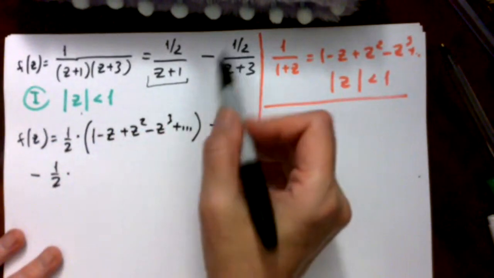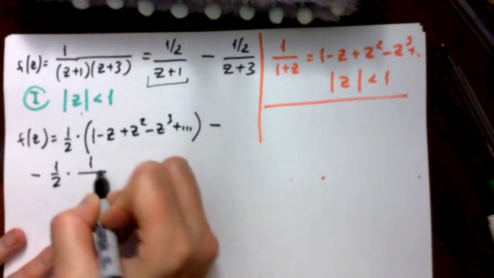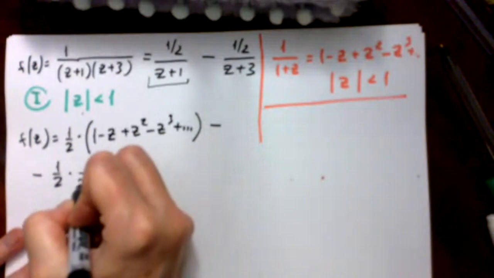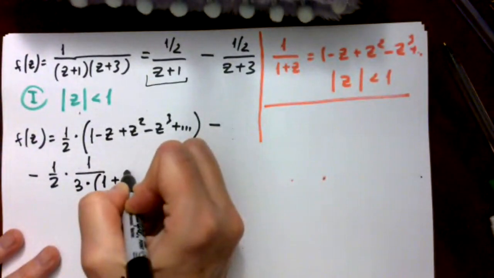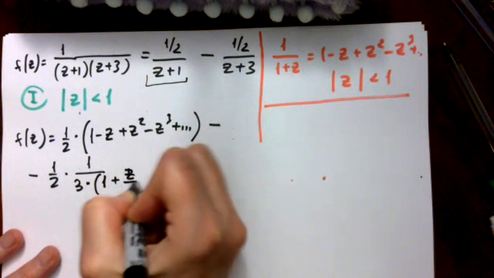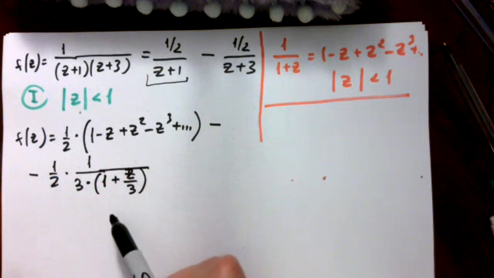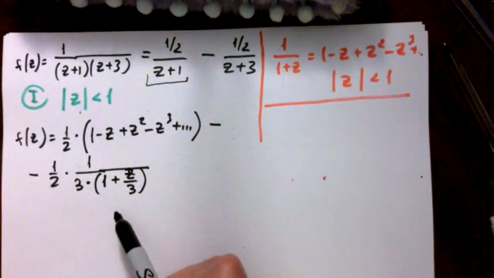The next one is not so easy. You know that we need to obtain 1 first in the denominator. To this end, we need to pull out 3: 3 times 1 plus z divided by 3. I don't know if it's correct.